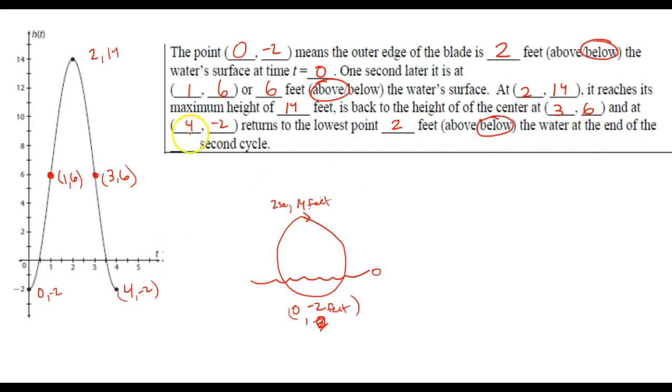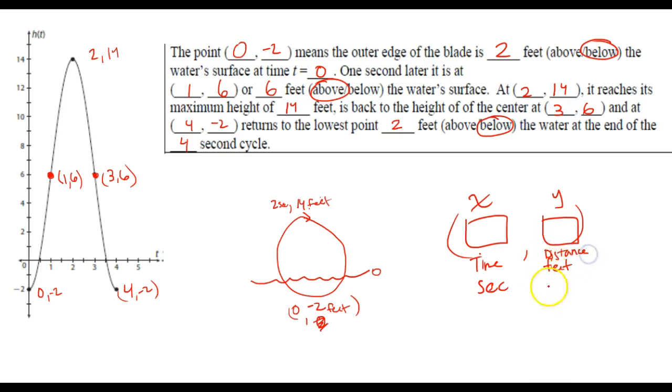And this happens at 4 seconds. So notice that our x value is time in seconds, whereas our y value is distance below the water or above the water in feet.